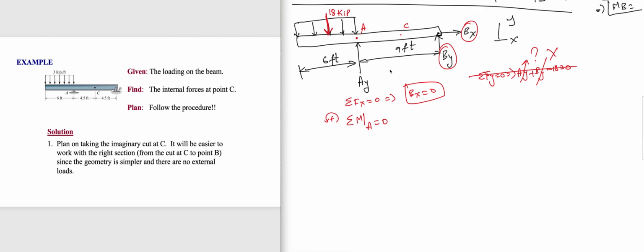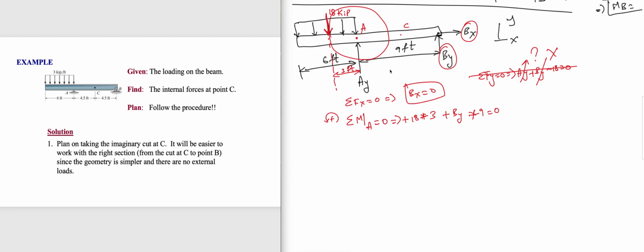What I'll do is I'll write sigma moment with respect to A equal to 0. That implies we have 18 times, because 18 acts exactly at the center, 3 feet. 18 times 3, and with respect to A it is counterclockwise, positive, and with respect to A, By is also counterclockwise, so positive By times 9 is 0.